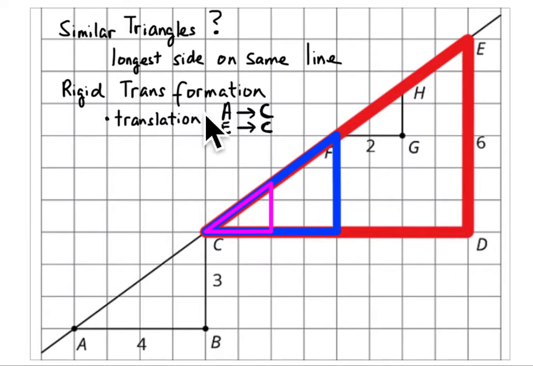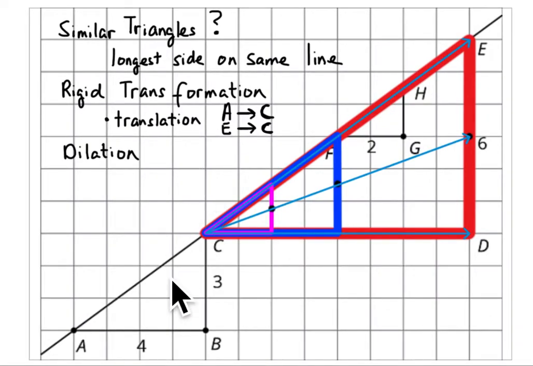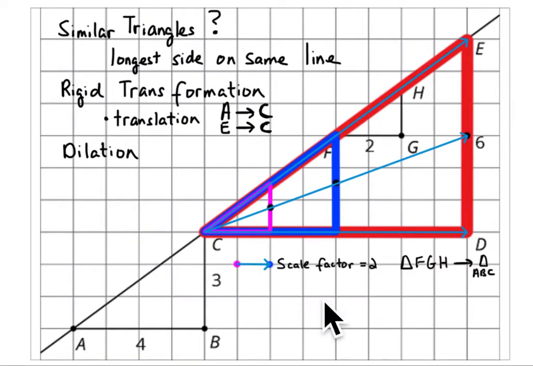All right, so rigid transformation, translation of A to C and E to C. All right, so dilation, and I can show you that. The center of dilation is this point that's shared in common between the three triangles. And if I use a scale factor of 2, I'm going to take the pink triangle to this blue triangle here. So FGH to ABC.